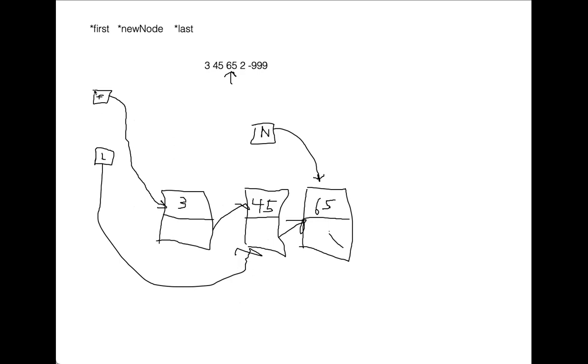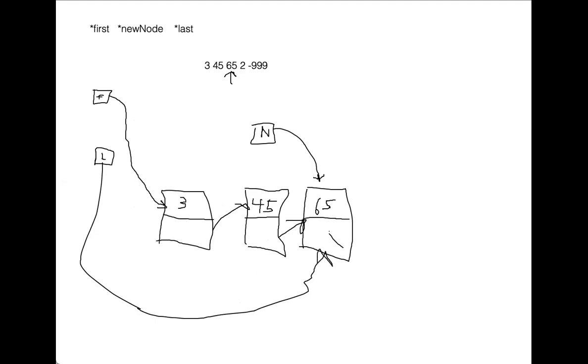And I'm going to move the last pointer so it will now point to the one over there. And that's how it's going to work. We would do one more for 2, and it would be the same thing.